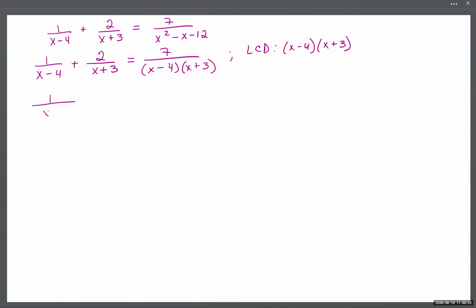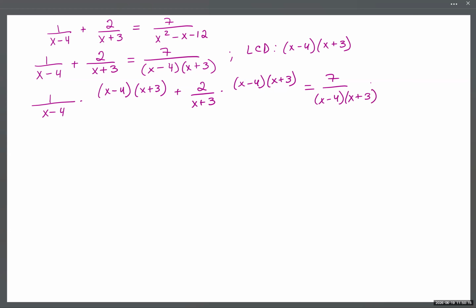So 1 over x minus 4 times x minus 4, x plus 3 plus 2 over x plus 3 times x minus 4, x plus 3 equals 7 over x minus 4, x plus 3 times x minus 4, x plus 3.